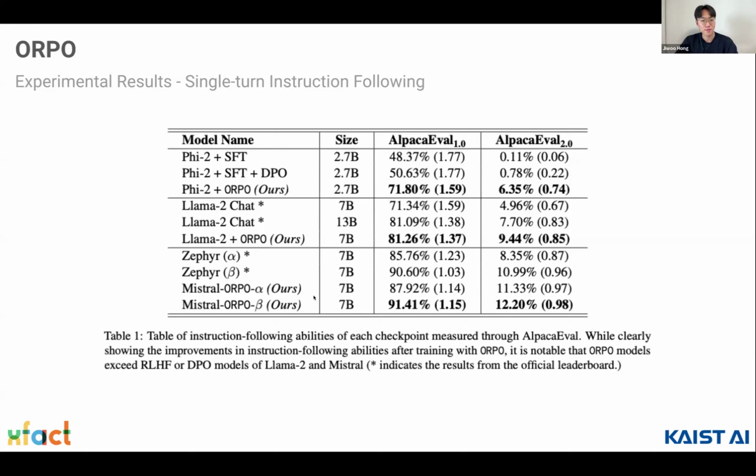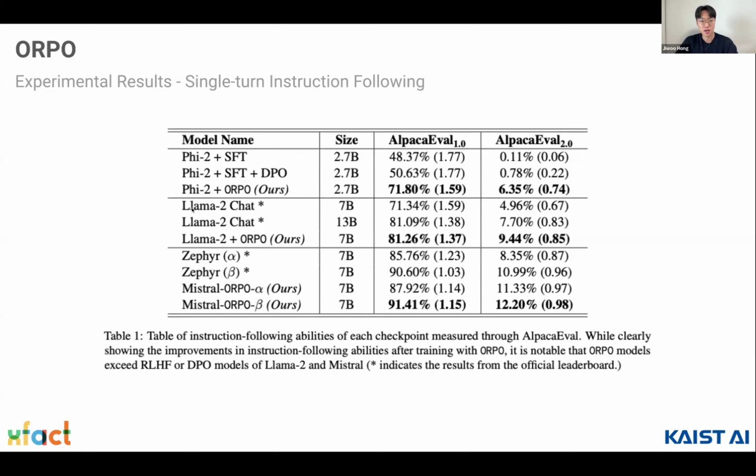And the Zephyr series and the Mistral ORPO series are all based on the Mistral 7B pre-trained model, but Zephyr is trained by the Hugging Face team on top of the 200K instances of UltraChat plus 61K of UltraFeedback.